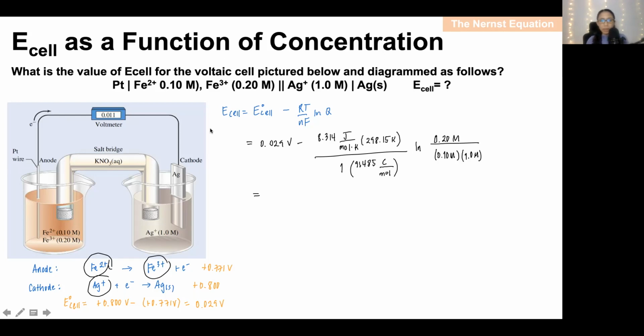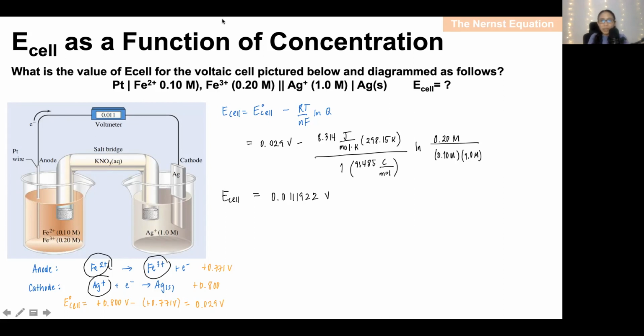So we get a value of 0.0111922 volt. So that matches the one in the figure. So this is the cell potential of this voltaic cell. So again, it's voltaic because your cell potential is positive. So the reaction is spontaneous.